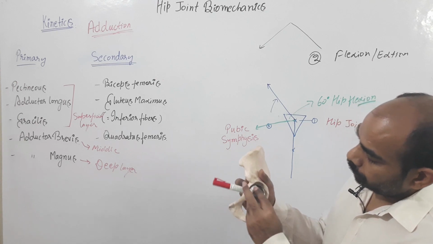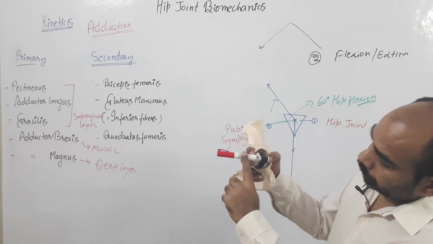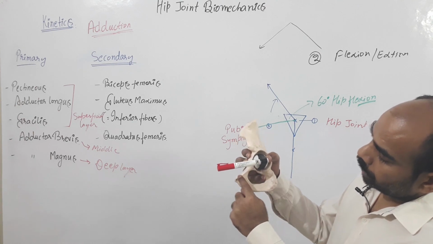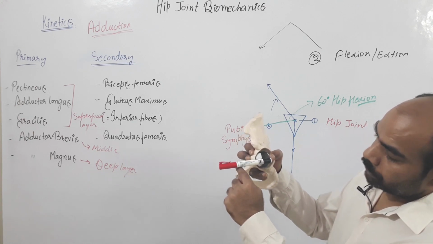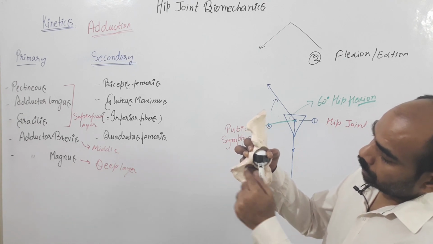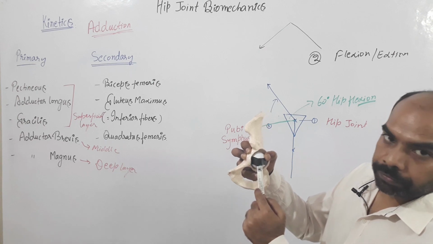Like this, this is the shaft of the femur. When the hip flexion angle is more than 60 degrees, it is anterior to the pubic symphysis. When the angle is less than 60 degrees, the femur is posterior to the pubic symphysis.